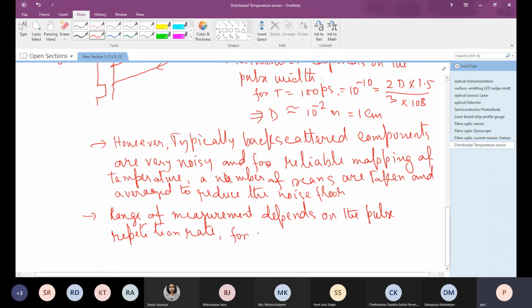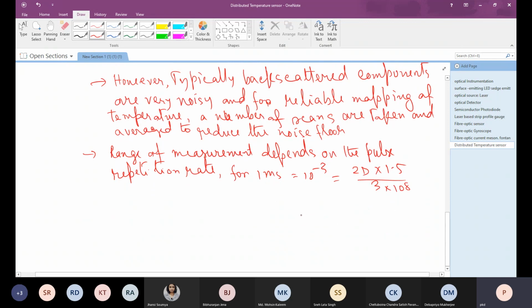Say for 1 millisecond, D would be like 10 to the power 5 meter, or 100 kilometer.